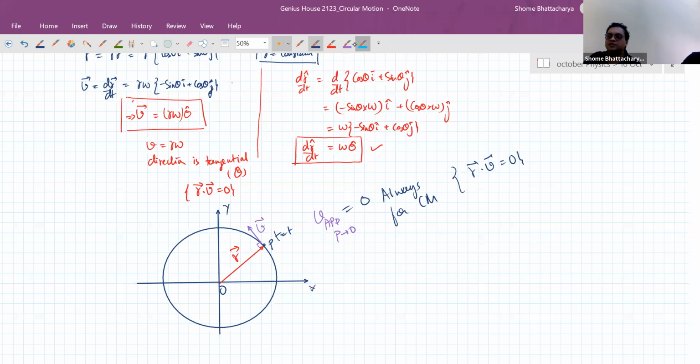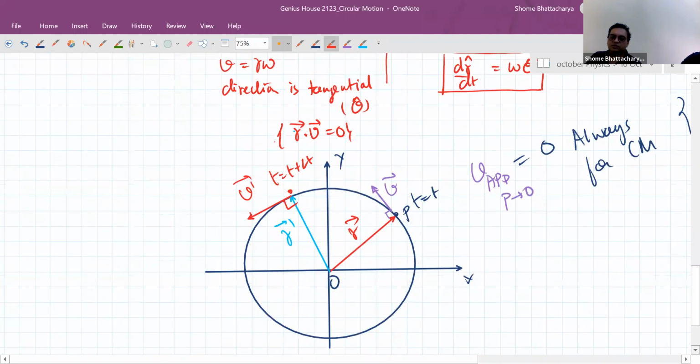After some time, let's say our particle has reached this position somewhere here. Now my new position vector has become r prime like that. Accordingly, my new velocity vector would have also changed. It might have changed in magnitude also, I don't know, but at least it has changed in direction, because this direction is now perpendicular to this. So this relationship always has to hold true. Suppose this is at time t plus delta t. Then this is how this relationship has to be.